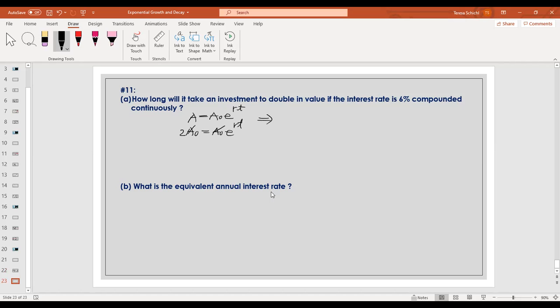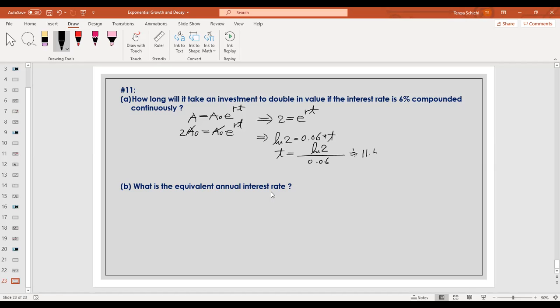Double means A equals 2 A0, so 2 is equal to e^(rt). Now I take the natural log. The rate r is 0.06 times t, so t is the natural log of 2 divided by 0.06.